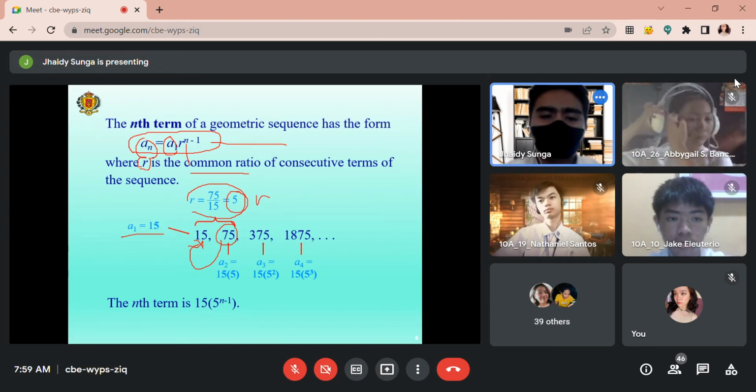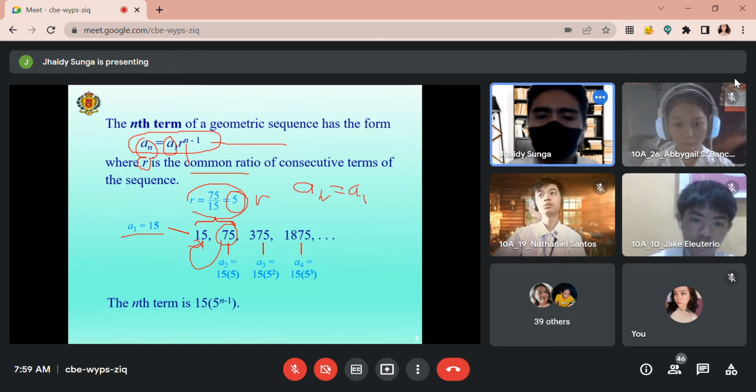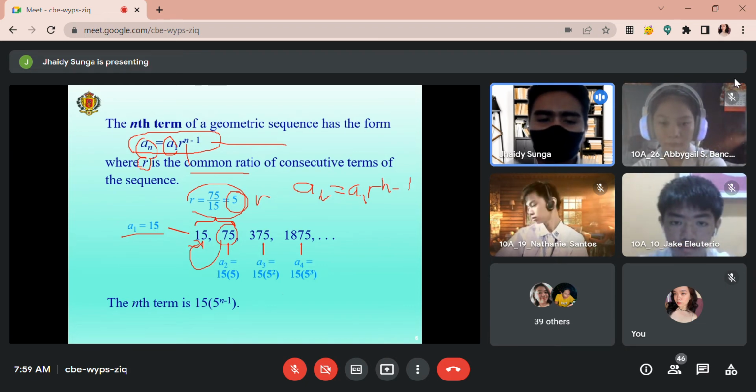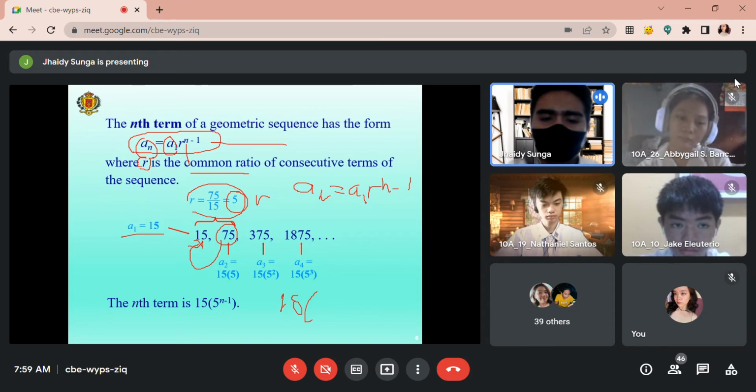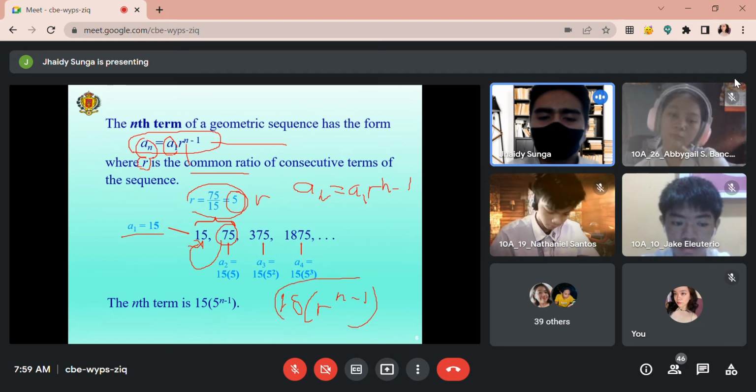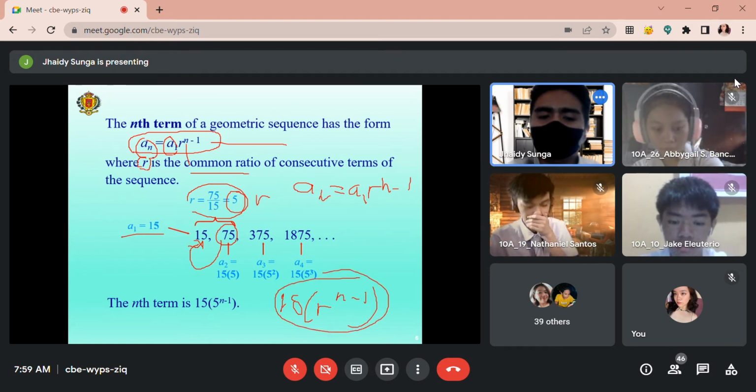If you will notice, we have a sub n is equal to a sub 1 times r raised to n minus 1. So if we are to find that, we have 15 here. What is our common ratio? It will be r times n minus 1. We still don't have the n.